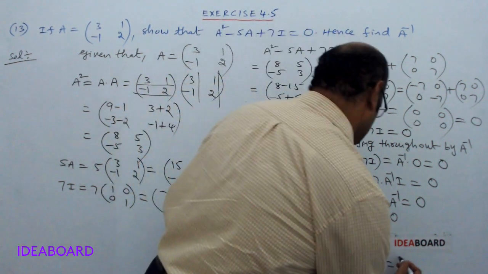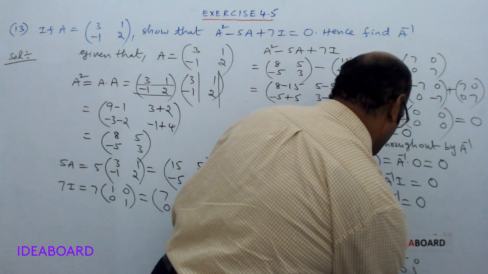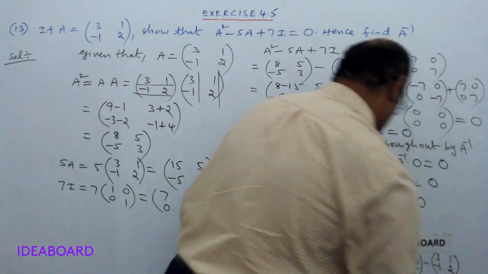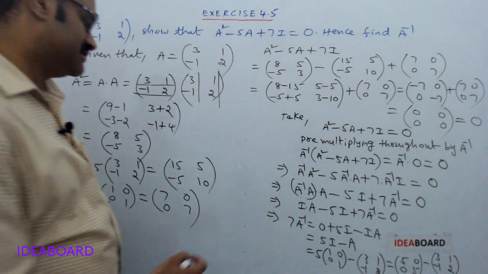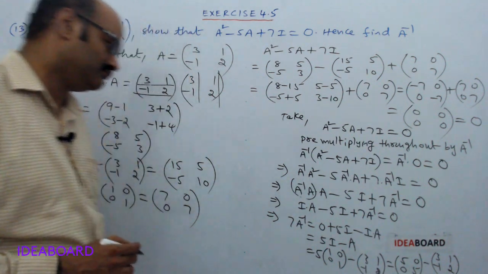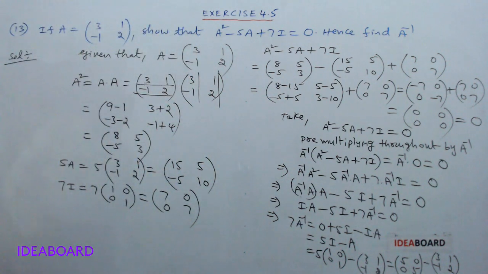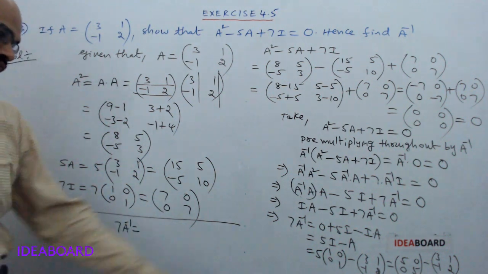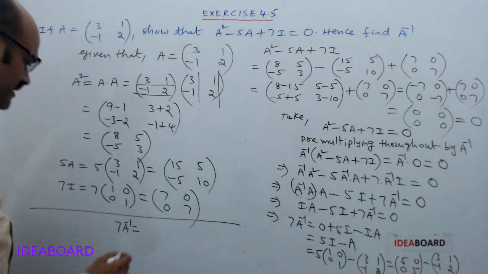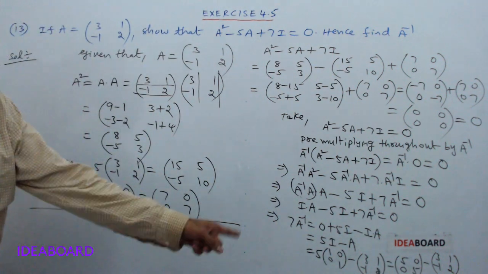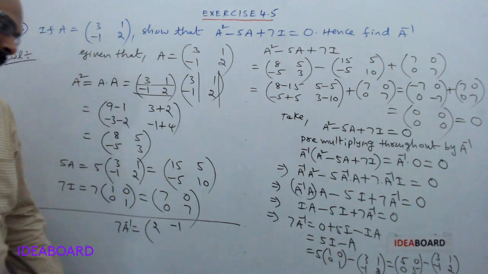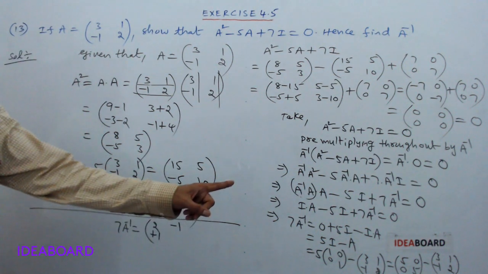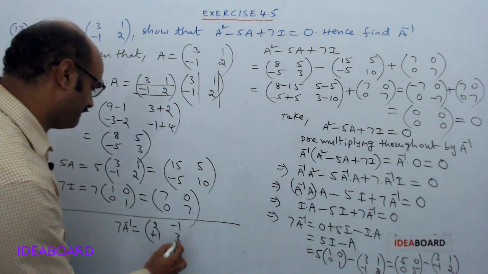So [5 0; 0 5] minus [3 1; -1 2]. Then 7 A inverse equal to [5 minus 3, 0 minus 1; 0 minus of minus 1, 5 minus 2], which is [2 -1; 1 3].